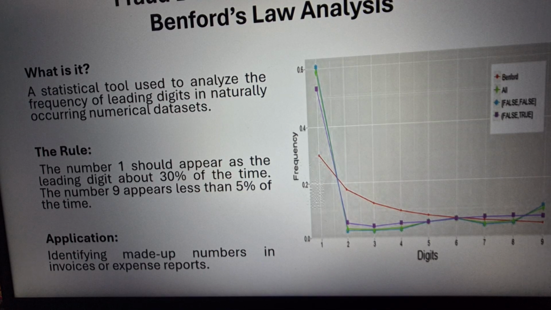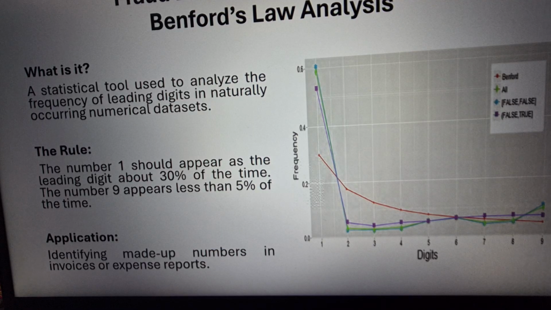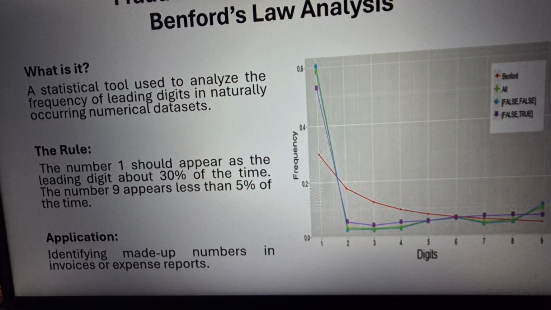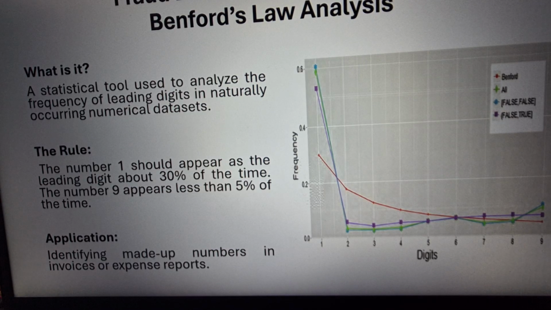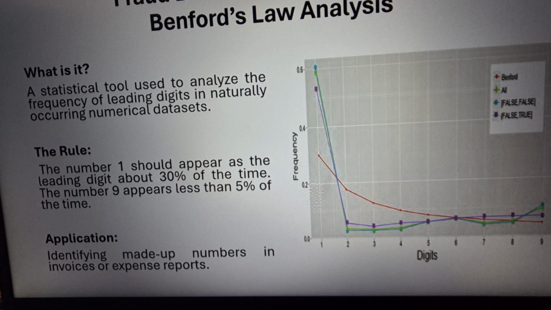Moving to detection, we can use statistical analysis. One fascinating method is Benford's law. In genuine financial datasets, the leading digit number 1 appears roughly 30% of the time, while 9 appears less than 5% of the time.